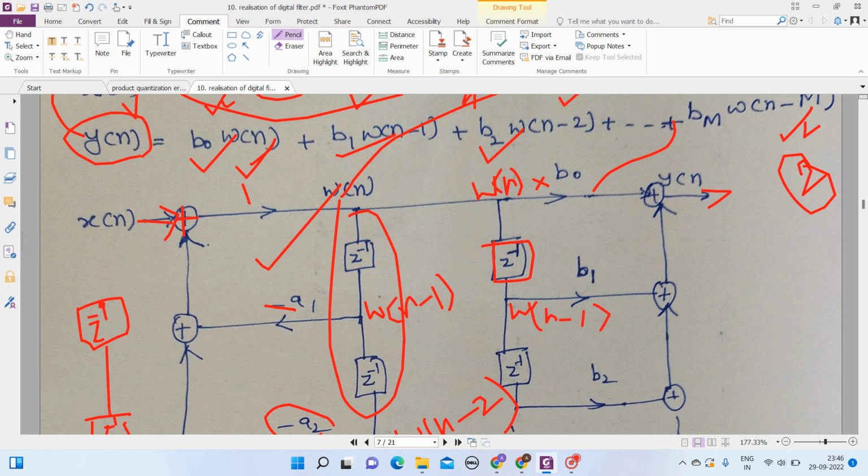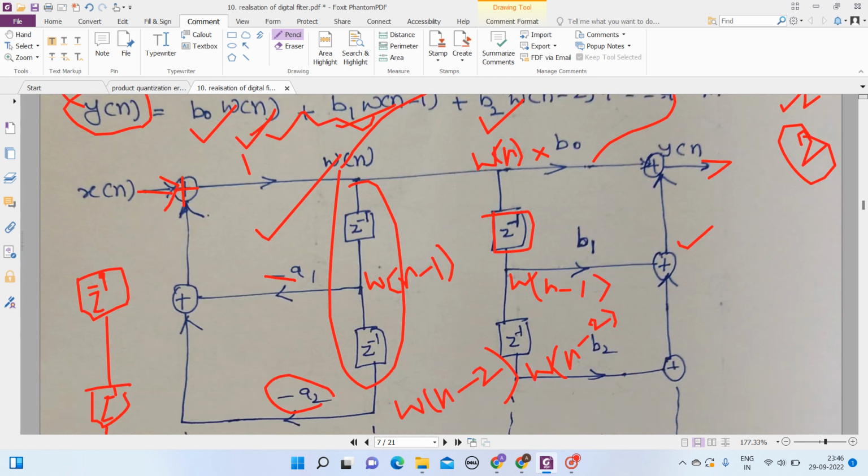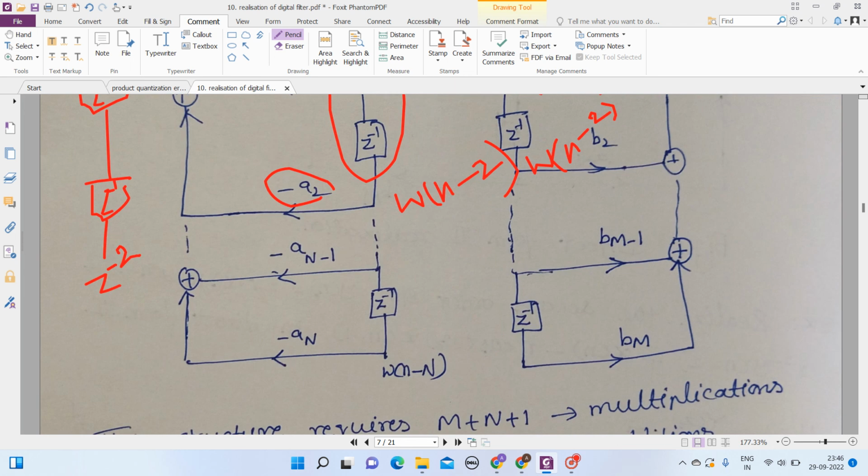So I have to add this term with the b naught w of n, and I got these two terms. Similarly, I have to add b2 w of n minus 2. The output of this delay element is w of n minus 2, so I have to multiply it with b2. Again I have to add this term with the remaining two terms, and so on, right?